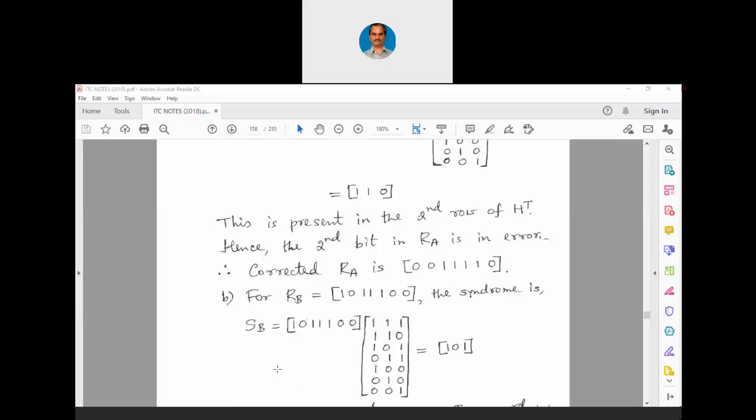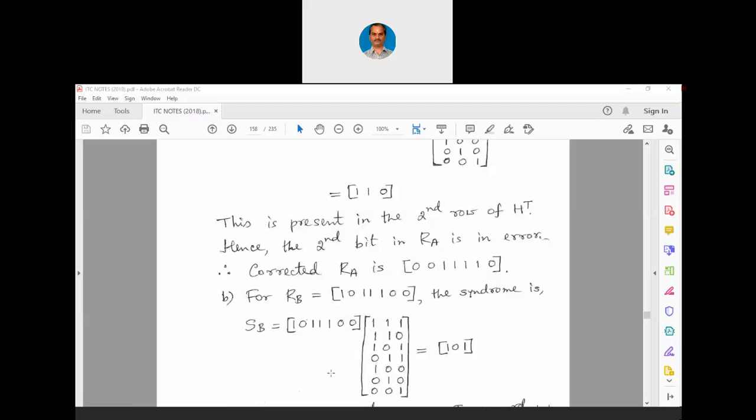Why? C equals D into G, right? That G equals I_K and P, right? Remember that. So if in the parity matrix there is 0, 0, 0, then we will have erroneous behavior. We will not be getting correct code vectors. That is why in the parity matrix there cannot be 0, 0, 0 at all.